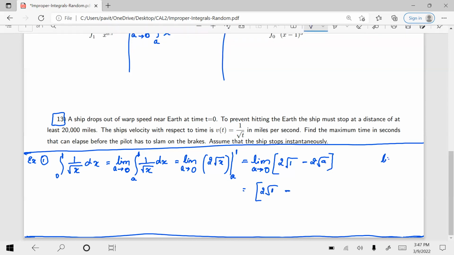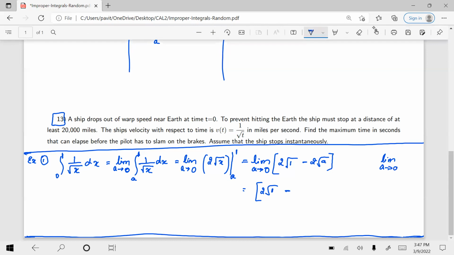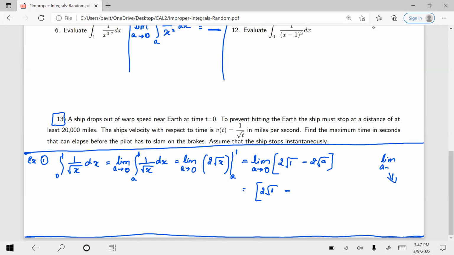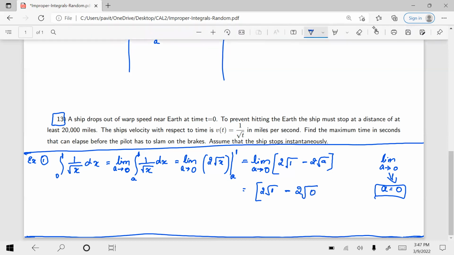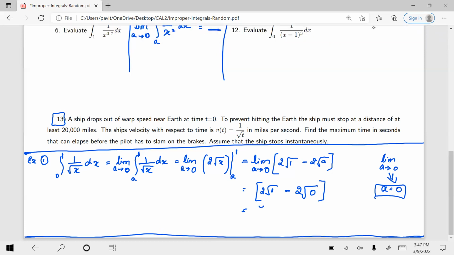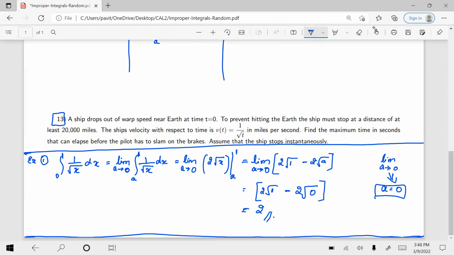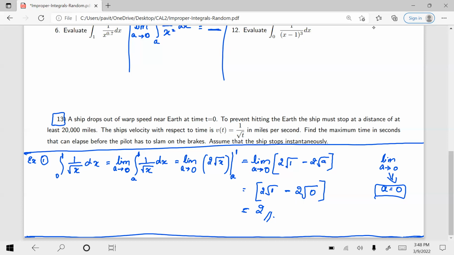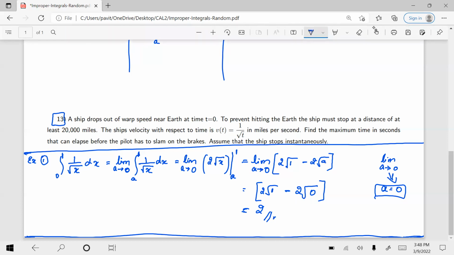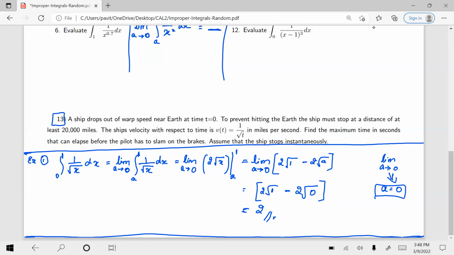When I say limit a tends to 0, we can use a equal to 0. So I am going to plug in 0 in the place of a. That should give me 2 as the answer, because 2 times 0 is 0, 2 times 1 is 2. So I get 2 as the answer. And that's how you solve improper integrals.